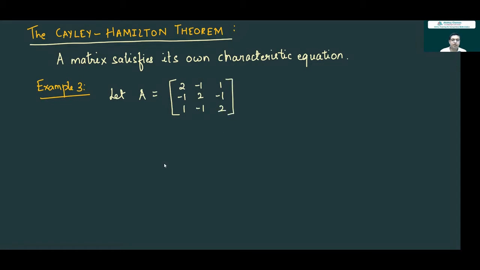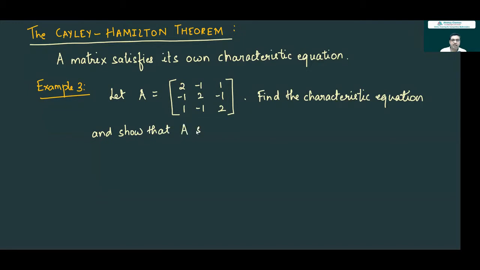So it's a symmetric matrix. You can see it's a symmetric matrix. Question is, find the characteristic equation and show that A satisfies it.